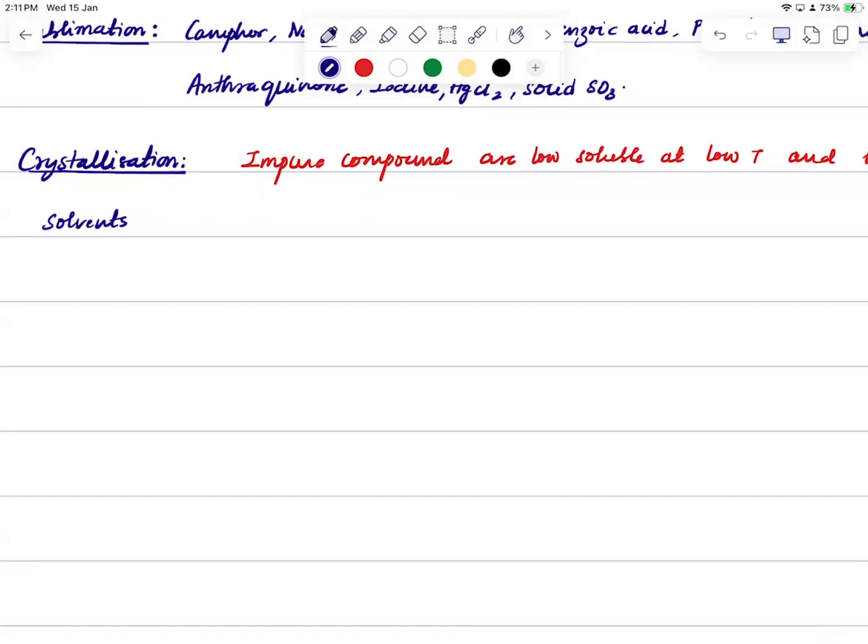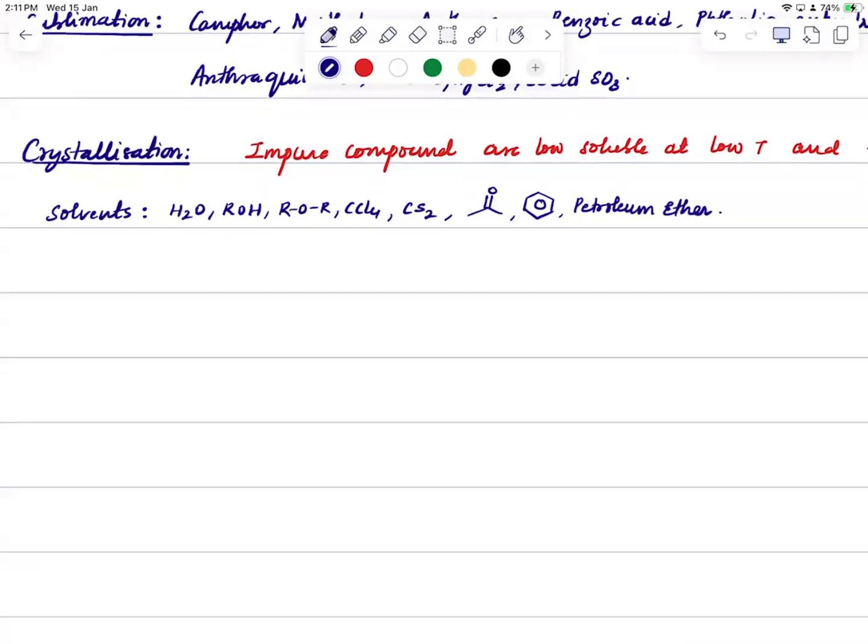Solvents used for crystallization include water, alcohol, ethers, chloroform, CS2, acetone, benzene, petrol or petroleum ether. These are typical solvents used for crystallization.